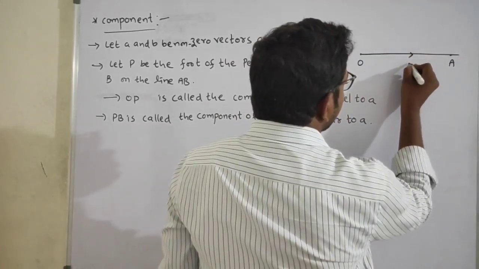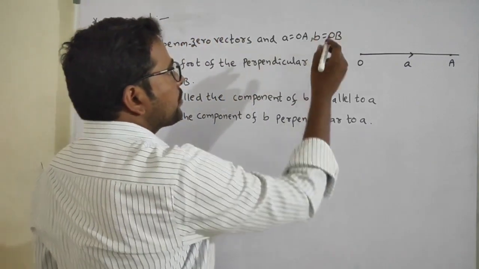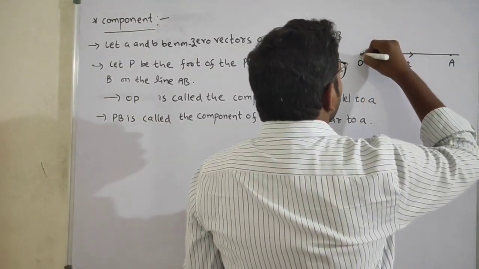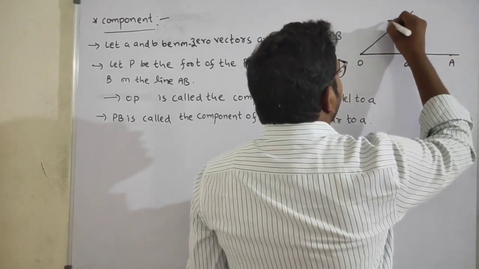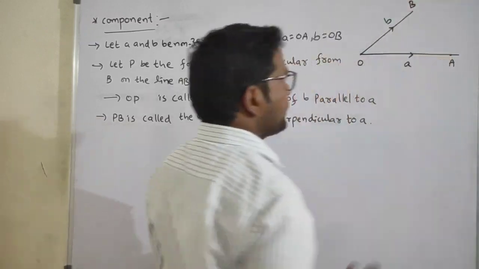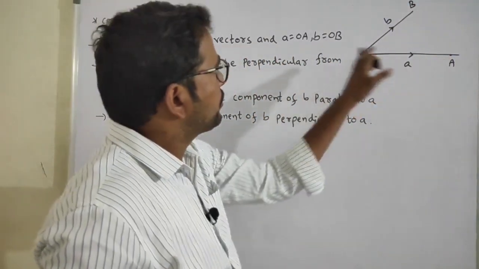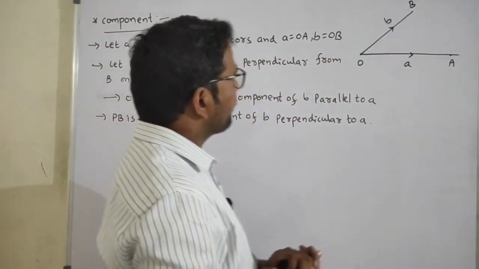And B is equal to small b, B is equal to OB. This is the point B. So OA is vector A, and OB is vector B.